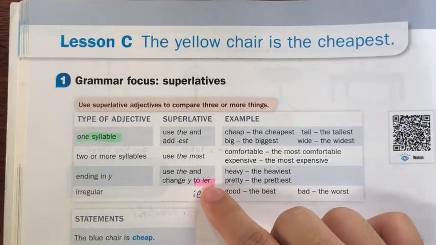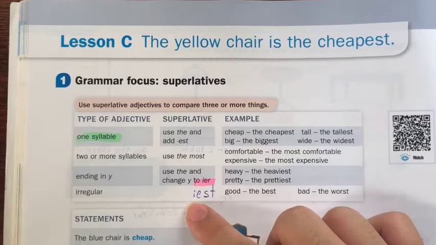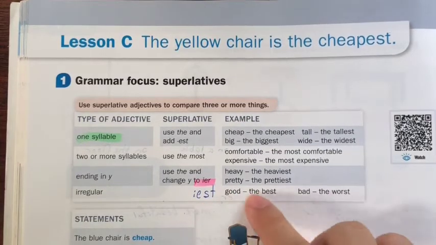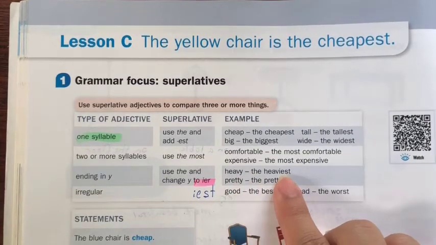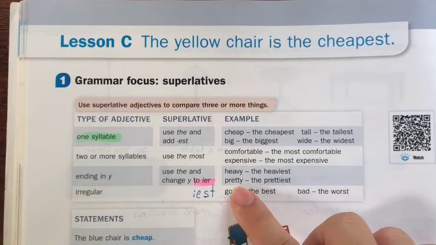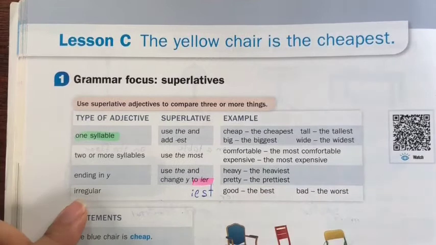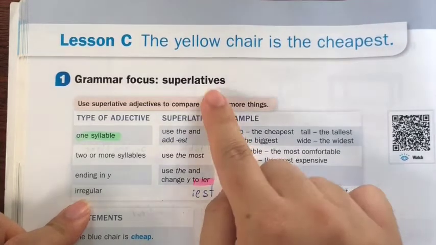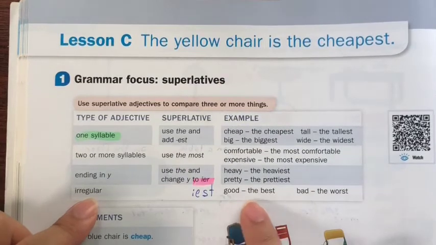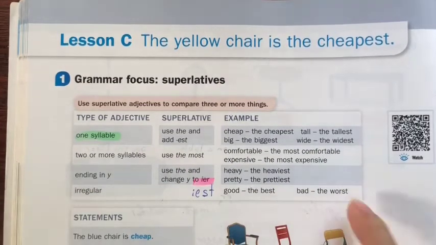Remember, this in your book is incorrect. We change it to IEST. Heavy becomes the heaviest. Pretty becomes the prettiest. And we have irregular adjectives for superlatives. Good becomes the best. Bad becomes the worst.